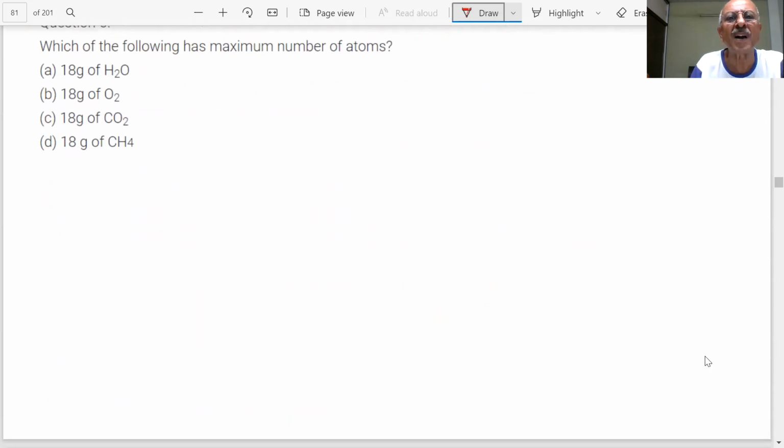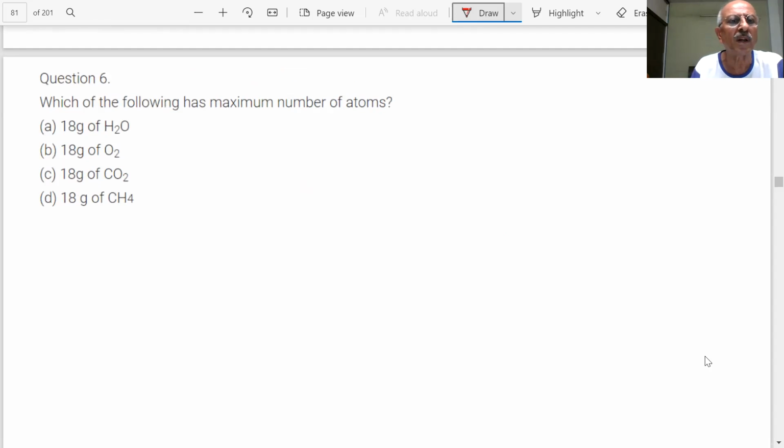Which of the following has maximum number of atoms? Maximum number of atoms, students. Okay, you have 2 minutes to answer the question.